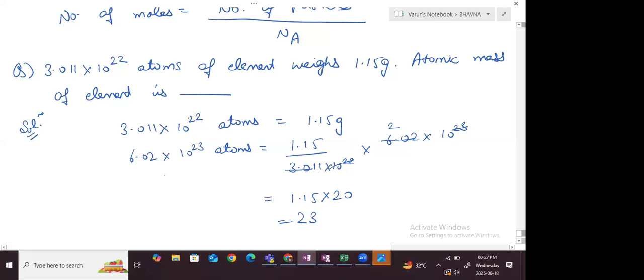So these atoms weigh this one, 23 grams.